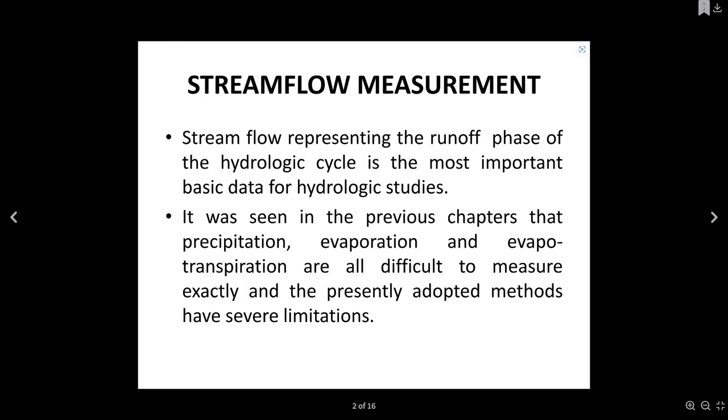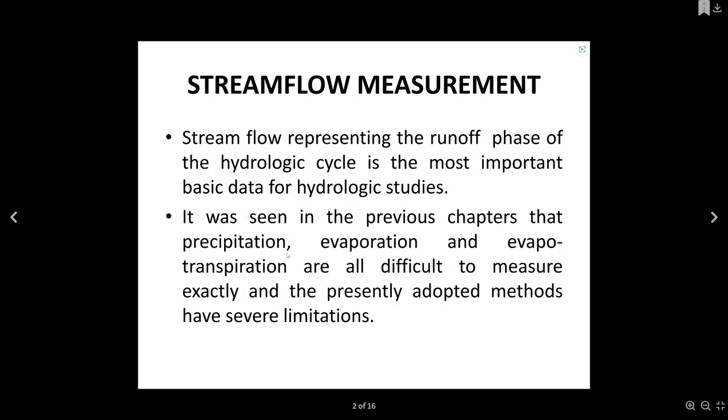Usually ang ginagamit natin is surveying, profile leveling, para malaman natin yung cross section, and then yung velocity usually that is measured using float method. So meron kang area, then multiply mo lang siya sa velocity, so meron ka ng Q. Yung Q, yun yung tinatawag nating stream flow.